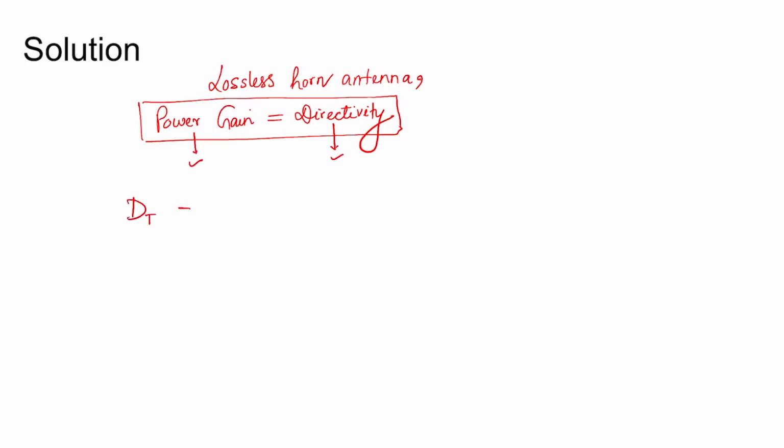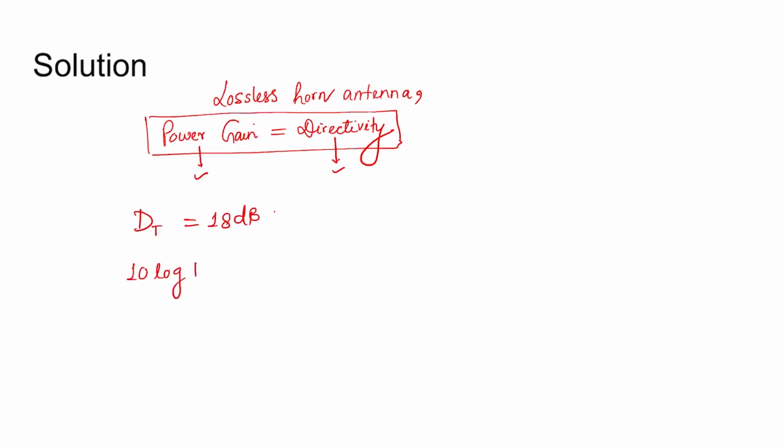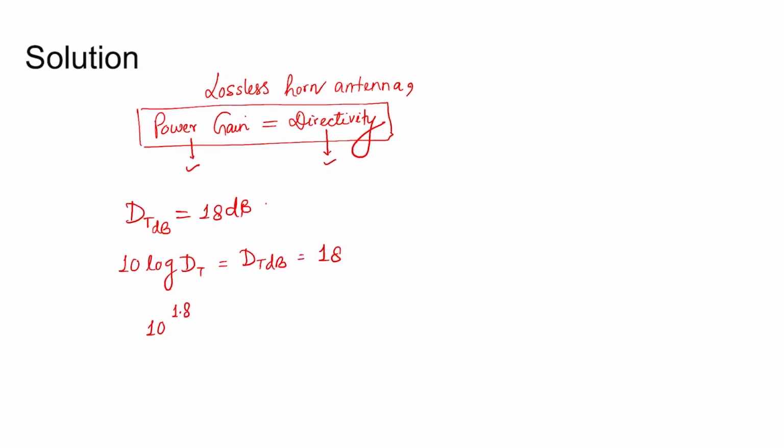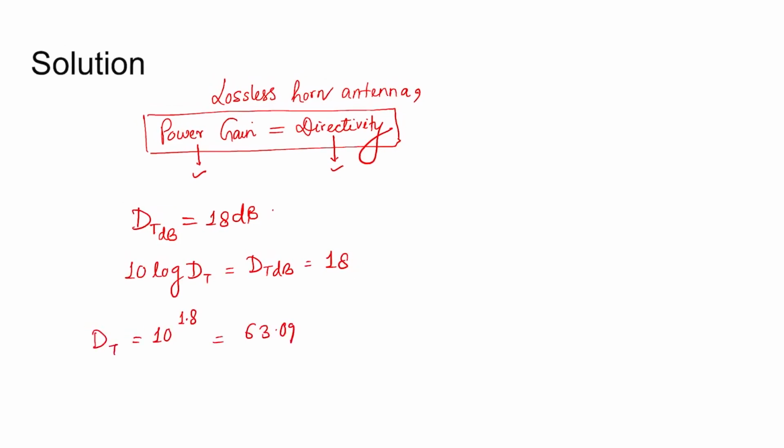The directivity of the transmitting antenna is 18 dB. So 10 log DT equals DT in dB, which is 18. So DT is 10 to the power 1.8, which is 63.09.